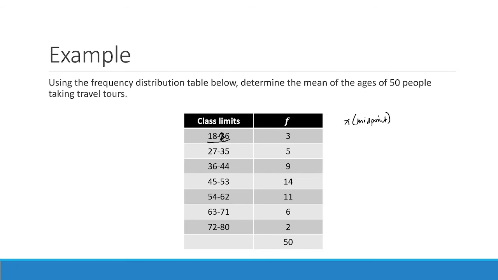So that will be 18 plus 26 divided by 2. So that will be 44 divided by 2. So we have there 22. Again, we got this by simply adding 18 plus 26 and dividing it by 2. So that's why it's 22. So same concept for 27 and 35. So we have here 27 plus 35 divided by 2.